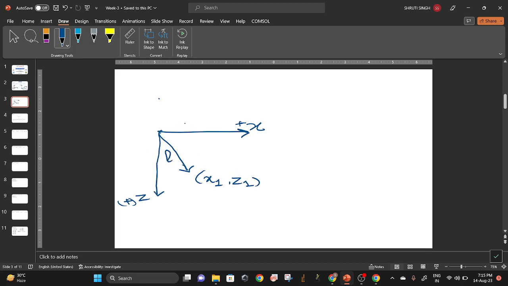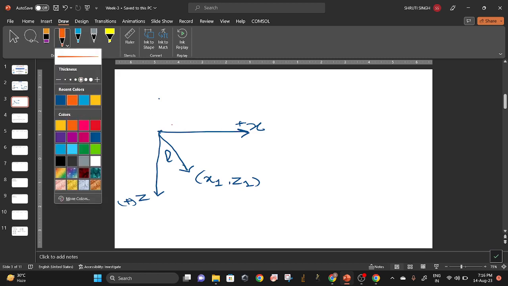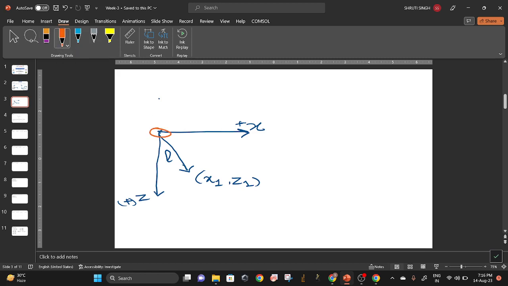Here my axis is somewhere around this circle. This circle represents my y axis, which is facing towards you.